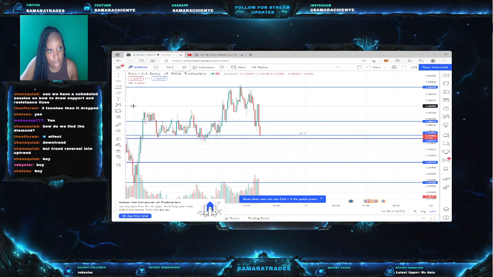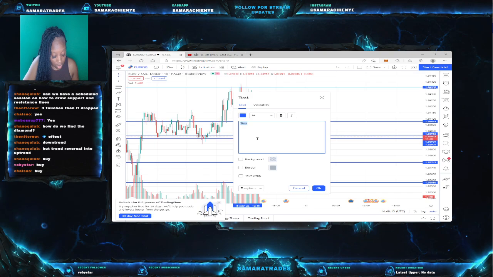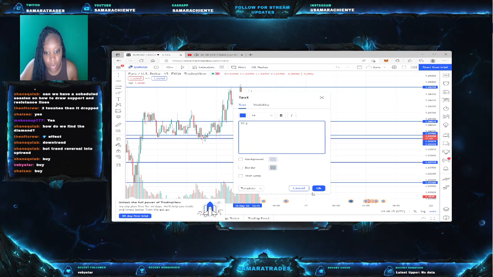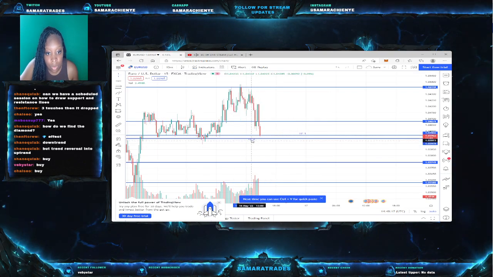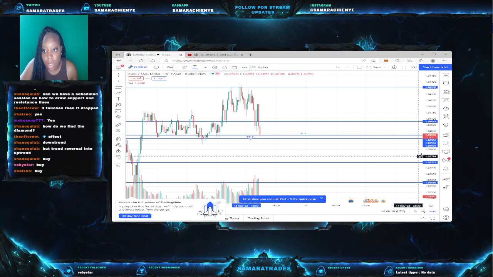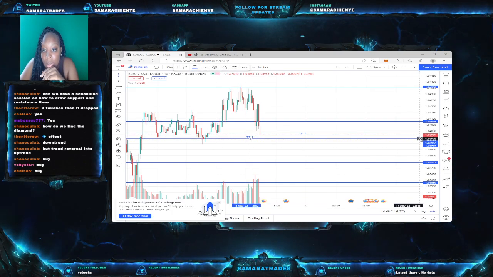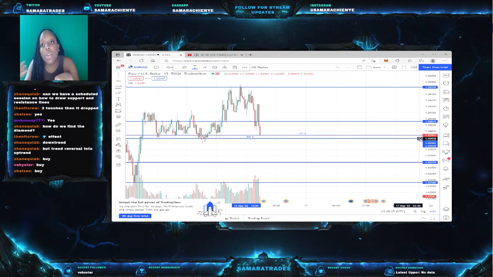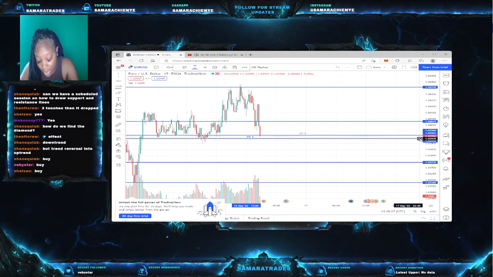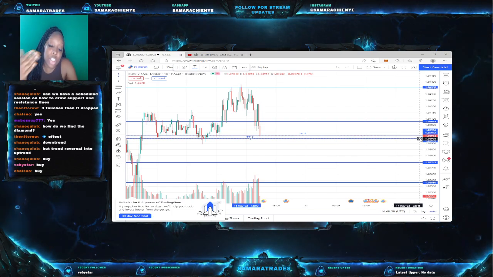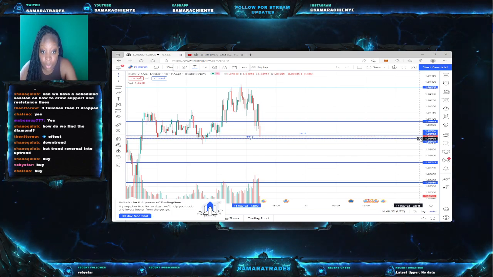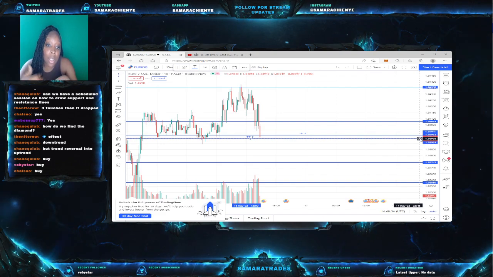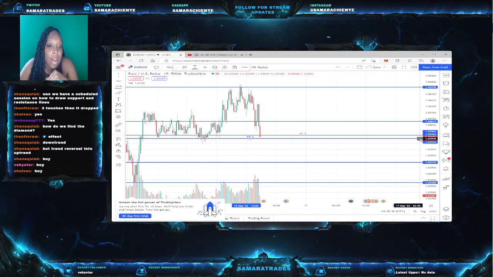If you wanted to still get in, this is your TP2. TP2 is at 1.03938. This is when you get your trading journal, and you pull out your TP1s. Look, it's about to hit my TP2 already.